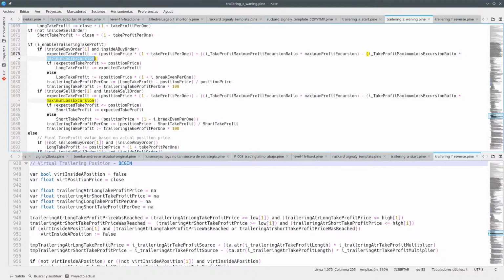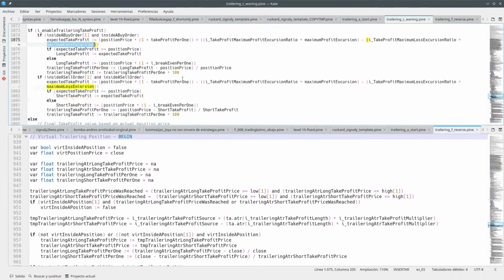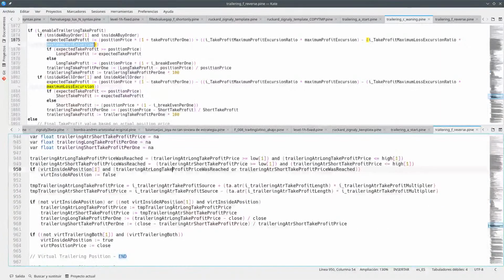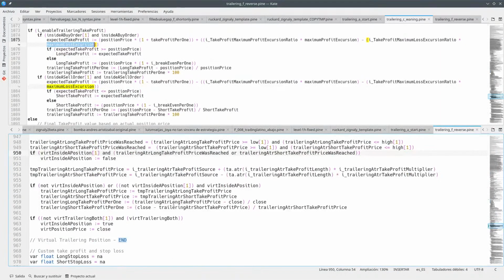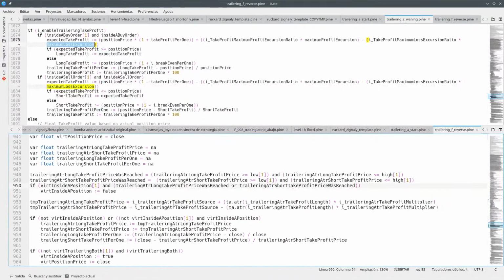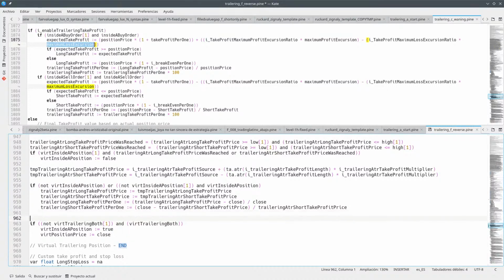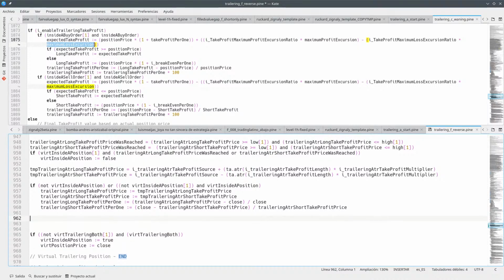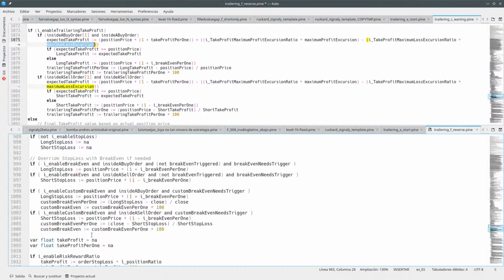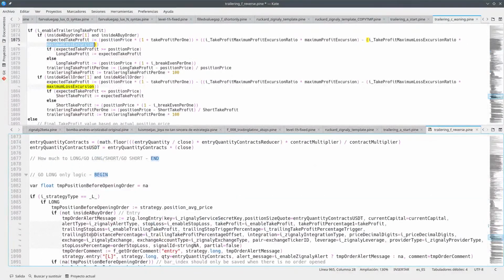So I want to copy this down here somewhere. So let me, bear with me. We should have this just after the take profit has been done. Yeah, that's right. So wait a moment, is this down here?